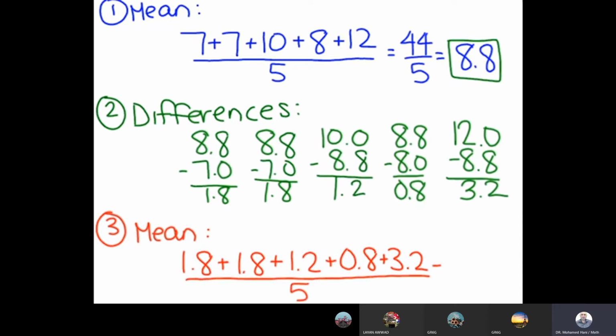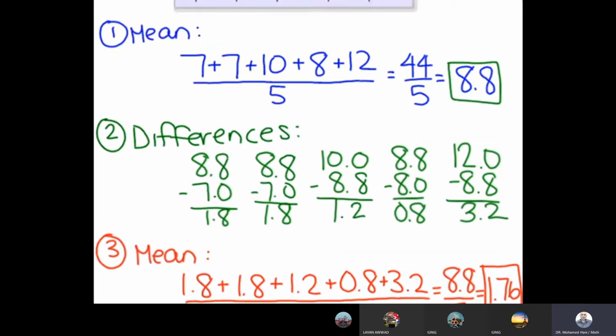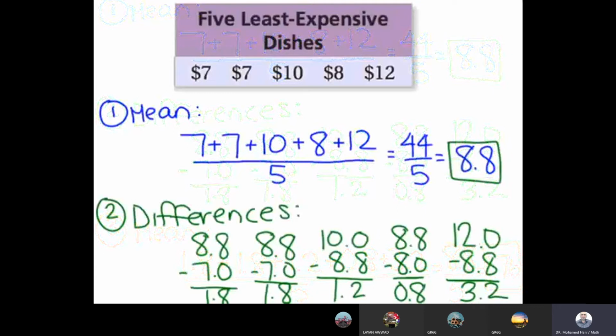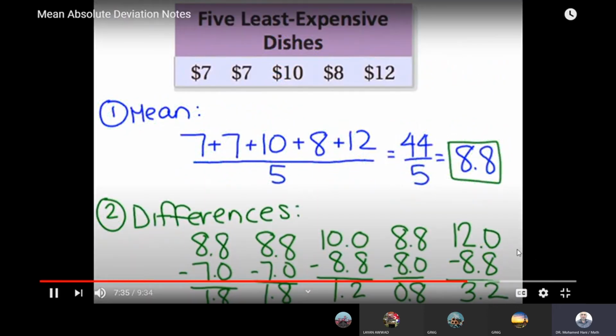The sum of those numbers comes out to 8 and 8/10, and 8.8 divided by 5 is 1 and 76/100. So right here, this is the mean absolute deviation for the least expensive dishes. That means that on average, the dishes are about $1.76 away from the average, which was $8.80.